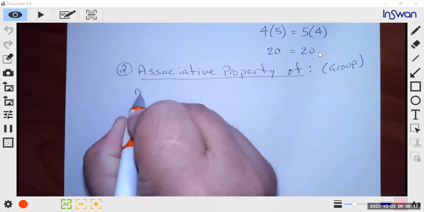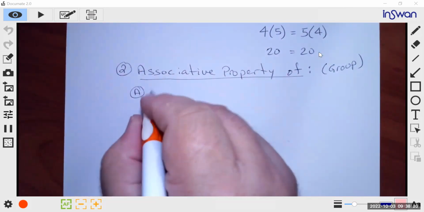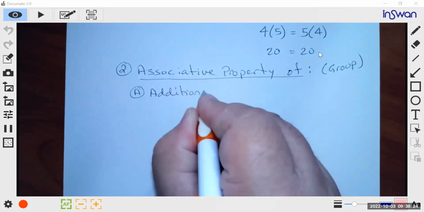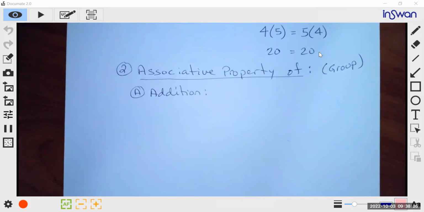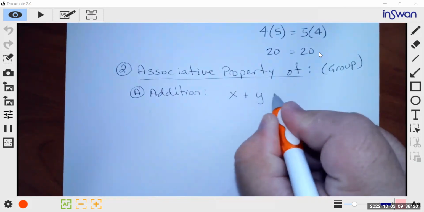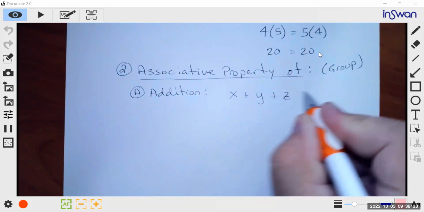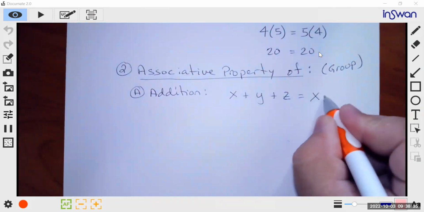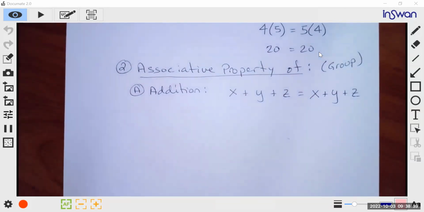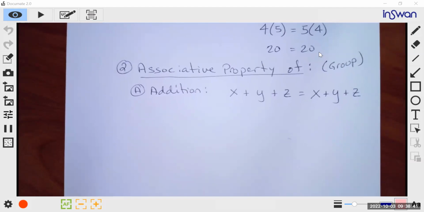Let's look at the first one, the associative property of addition. It says this. If I had, let's say, 3 or more numbers, and I add them all together, (x plus y) plus z is the same thing as x plus (y plus z). True?